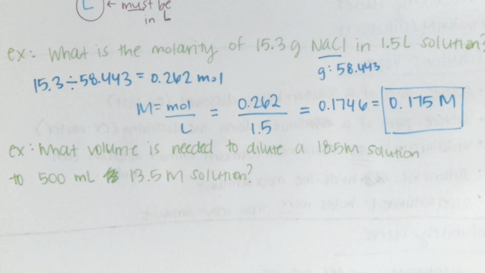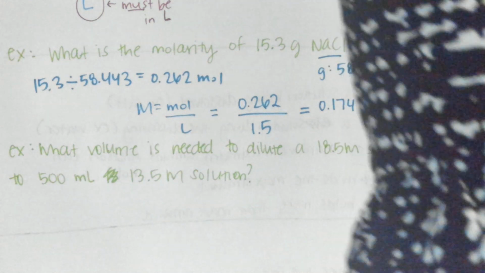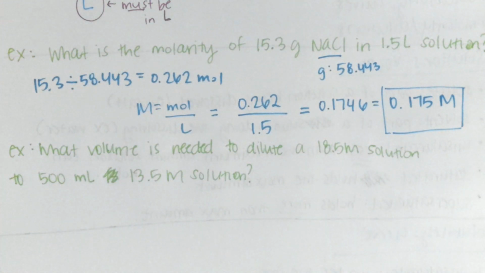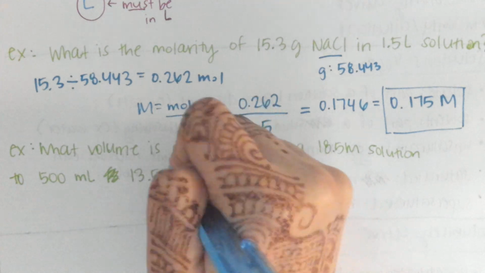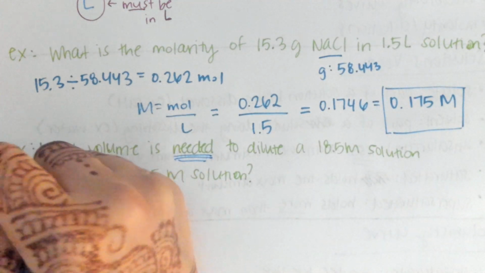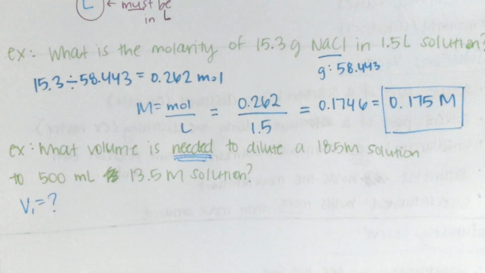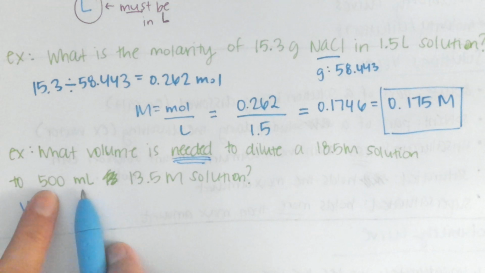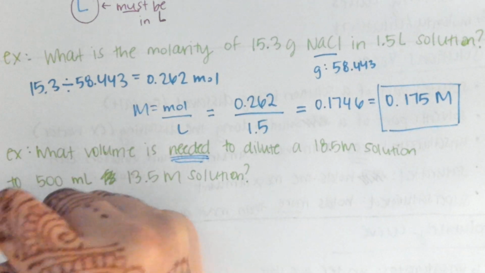So, let's break it down. What volume is needed? We talked about it yesterday. Is that V1 or V2? V1. Perfect. So, V1 is question mark. So, that makes 500 mL V2.